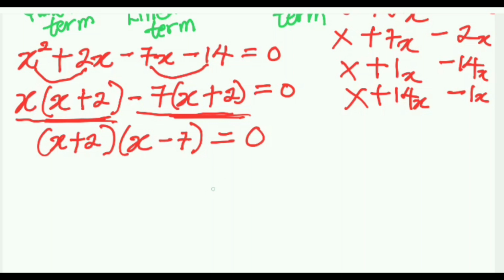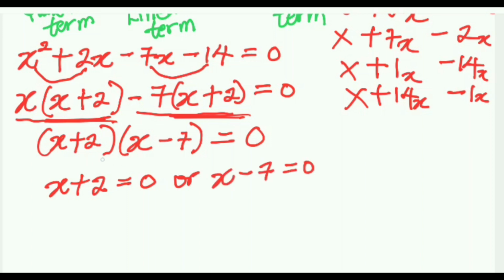For you to get an answer of 0, that means one of the numbers must be 0. So therefore, if the product of these two is equal to 0, then we can say that it is either x plus 2 equals 0 or x minus 7 equals 0.